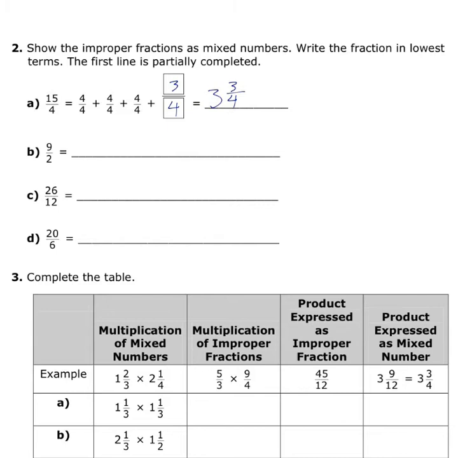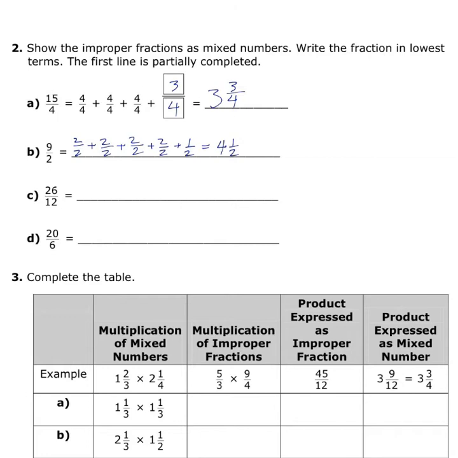Just like 9 halves is 2 halves, and 2 more makes 4, 2 more makes 6, 2 more makes 8, and then 1 more makes 9 halves. So that means we have 4 wholes. The 2 halves are a whole each. It's 4 1/2.